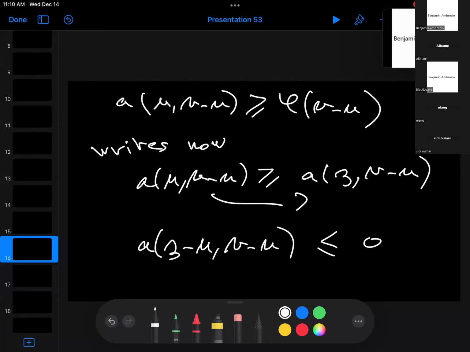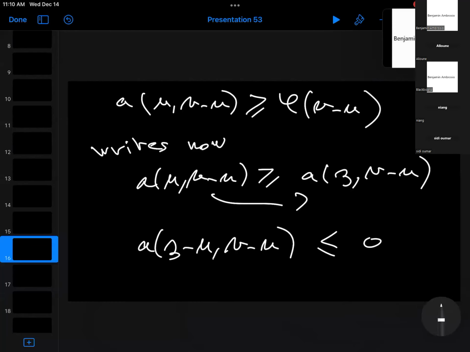But this is exactly saying that U is the projection of Z on K, of course, for the scalar product A. So this is equivalent to say that U equals P_K of Z, of course, for the scalar product A.